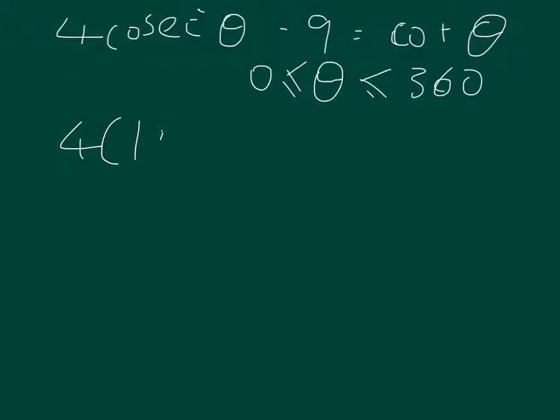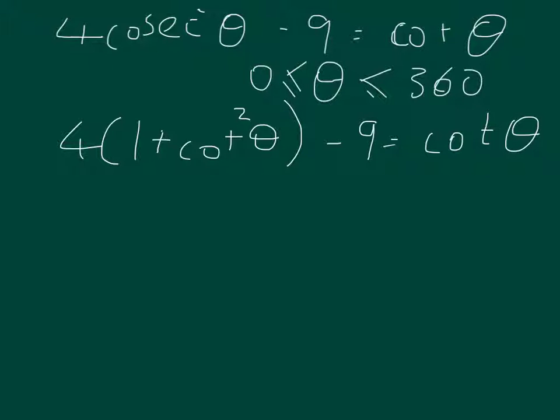So 4 brackets 1 plus cot squared theta, bracket, minus 9 equals cot theta. And that's because 1 plus cot squared theta equals cosec squared theta from that identity. So 4 cot squared theta minus cot theta minus 5 equals 0.